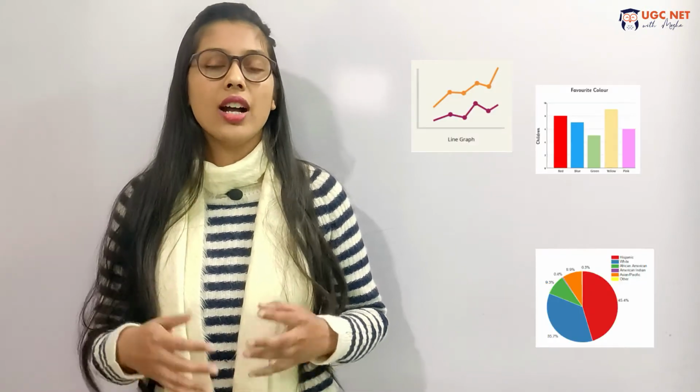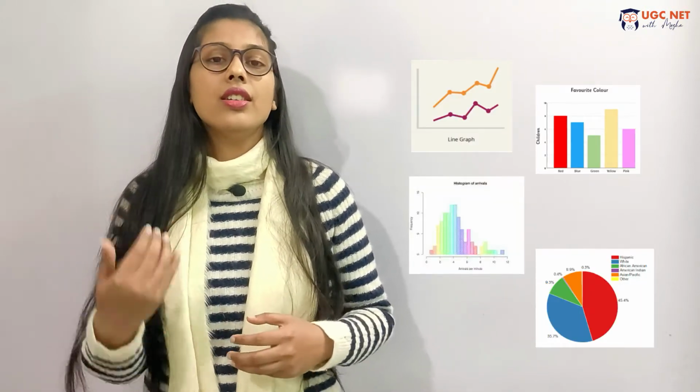Under qualitative data, you consider the qualities of the individuals or anything which is under analysis. Now if we talk about graphical representation, when data is represented with the help of a line graph, bar graph, pie chart, histogram, etc., then it is known as graphical representation. Simply put, the pictorial representation of data is graphical representation.